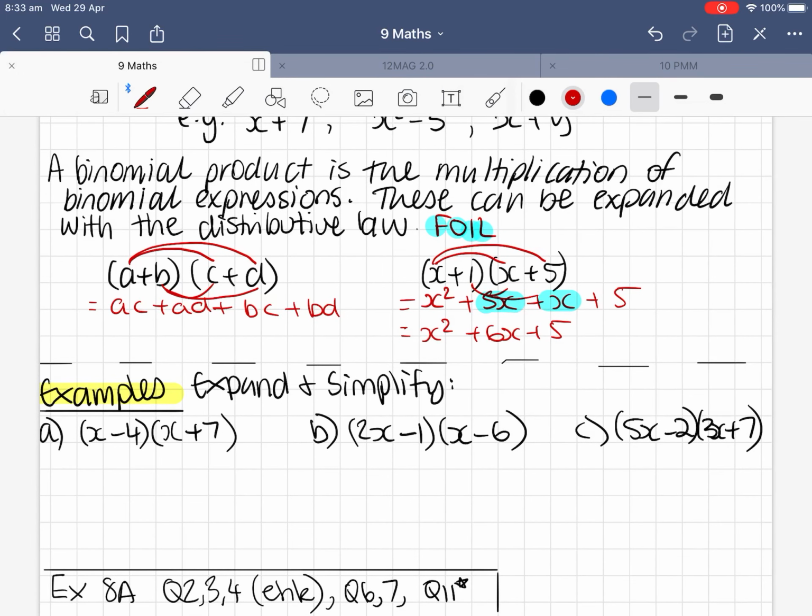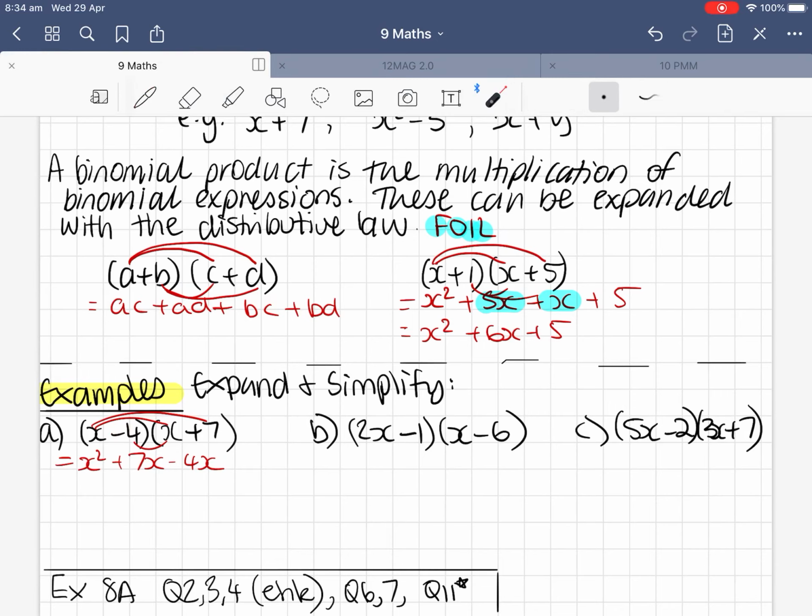So let's get cracking on some examples. So for example A, we have an x minus 4 term multiplied by an x plus 7 term. Let's expand that together. We get x squared plus 7x minus 4x.